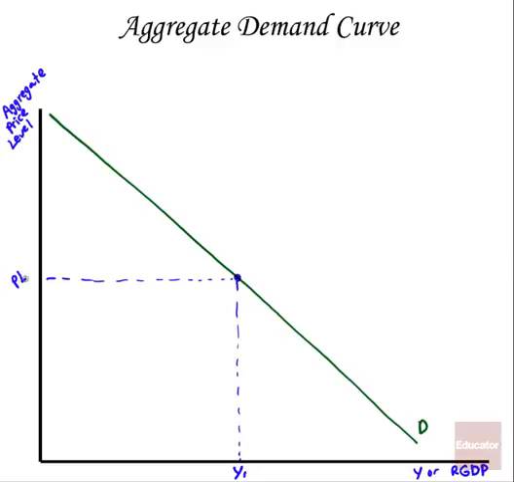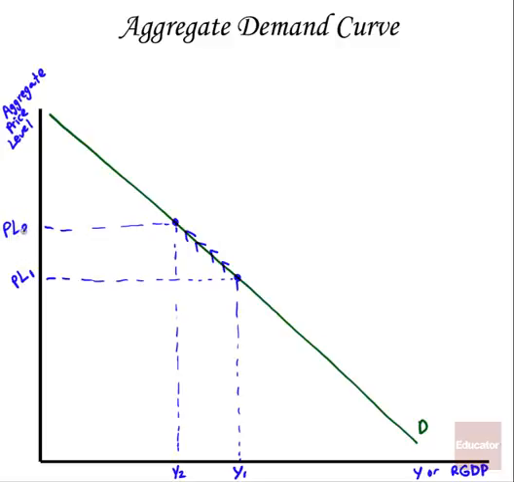Basically, on the aggregate demand curve, if the aggregate price level increases, then you're going to have a lower aggregate output, Y2. And let's call this PL2.